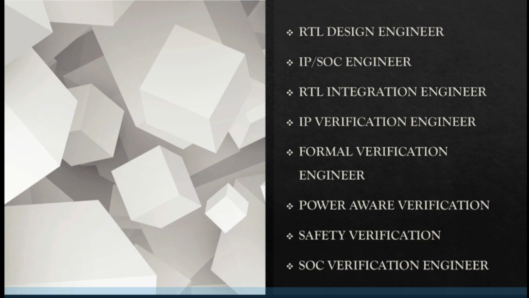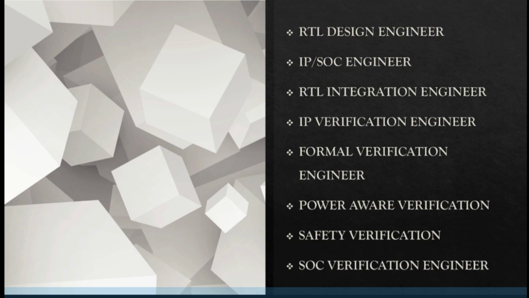And then coming to IP or SOC engineer, as I told you, RTL design engineer, IP engineer, and RTL integration engineer, mostly everything will be coming under one category only. All these engineers do the same job. What does the RTL engineer do? You will be writing the code. So basically the IP or SOC engineer's work is also the same as RTL designing itself. Why is it?